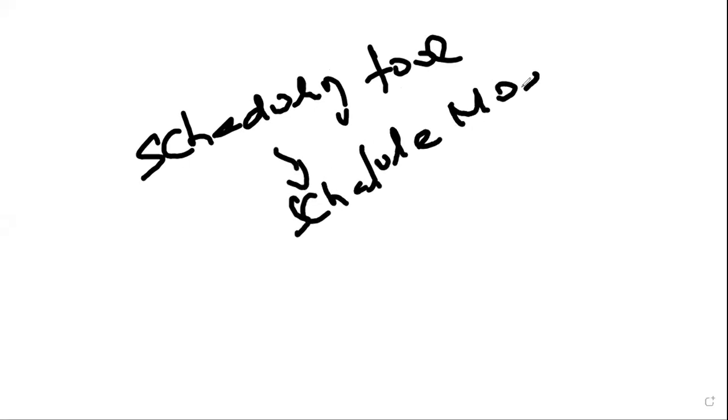First of all, you have to choose your scheduling tool, right? What kind of scheduling tool will be used to develop your schedule model? How are you able to model your schedule? So you need to know about your scheduling tool, and that should be defined in the schedule management plan.